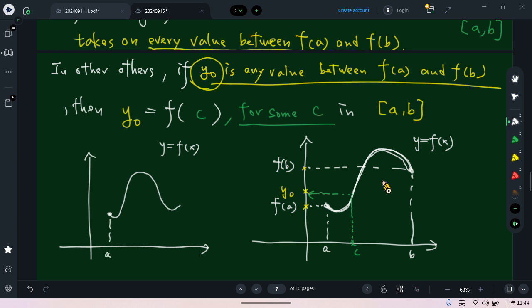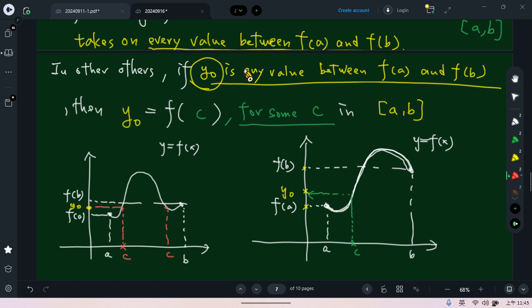This is A, this is B, so this is f of A, this is f of B. So if some y0 here is between f of A and f of B, you can find c here or c here, but at least you can find one c, so that f of c will be y0.